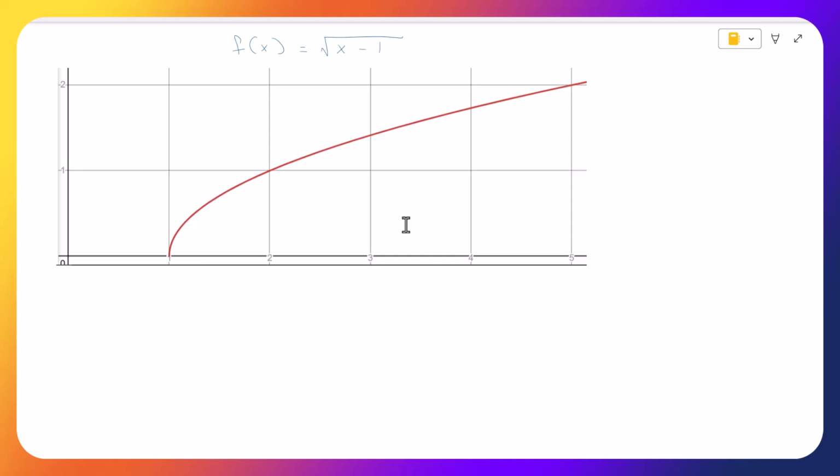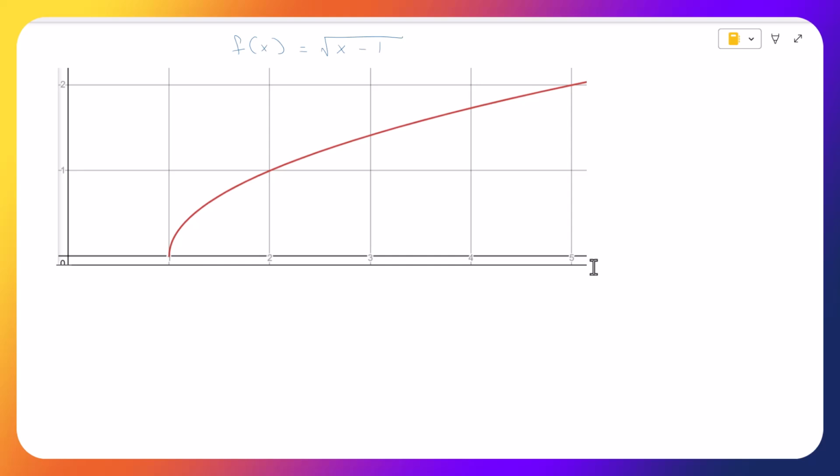So what we're going to do is, instead of using rectangles, we're actually going to use trapezoids. Let's start with our delta x to figure out where we're going to draw these trapezoids. I want to go from 1 to 5. So what is our distance there? Well, our distance is 4. So our x distance is 4. And I'm going to still use even subintervals for this.